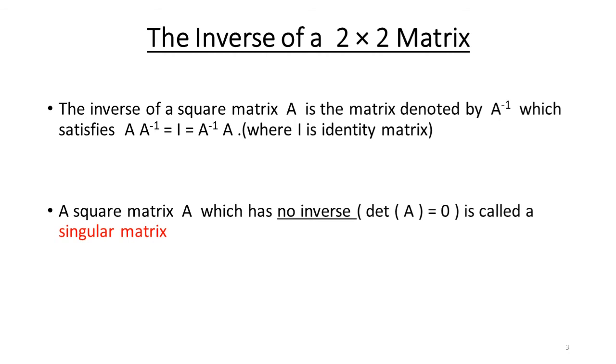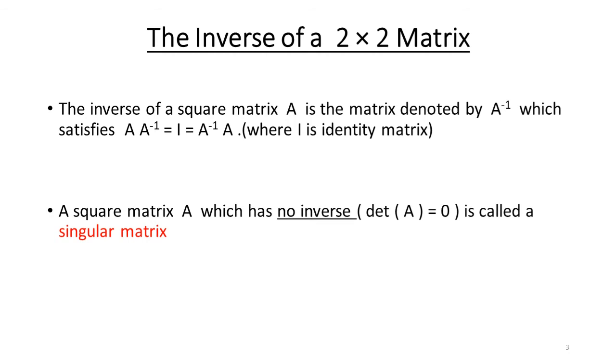A power minus 1 is the inverse of A, which satisfies A multiplied by A inverse is equal to I, and A inverse into A is also I, where I is the identity matrix. Identity matrix means the diagonal elements will be 1 and all other elements will be 0. So when you multiply A and A inverse, or A inverse and A, we get the identity matrix.